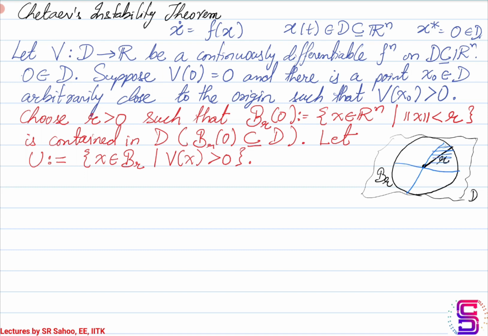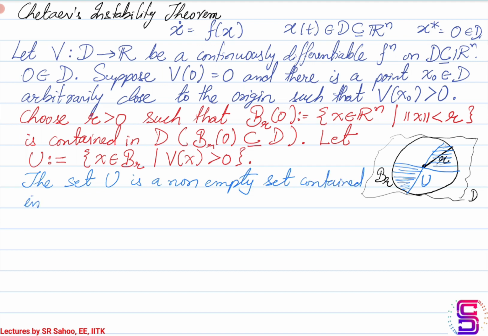So this shaded blue region, let's say, is the set U. Now the set U that you come up with here is a non-empty set contained in B_r.